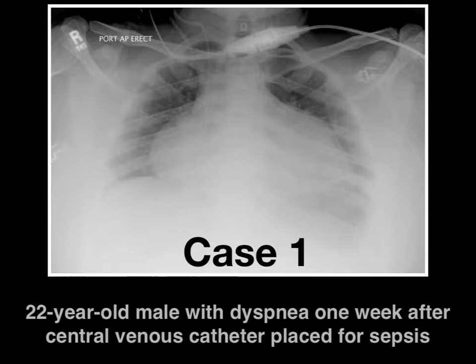This was a 22-year-old male who had been admitted to the hospital recently for a severe skin infection. During the initial hospitalization, they had attempted to place a right subclavian catheter, but were unsuccessful in doing that.